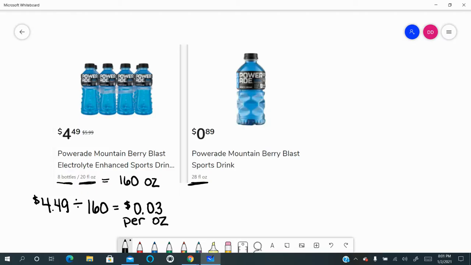Okay, on the other one, 89 cents divided by 28 ounces. If I round it, it's also going to be 0.03 dollars. So I would say, okay, they would cost the same.